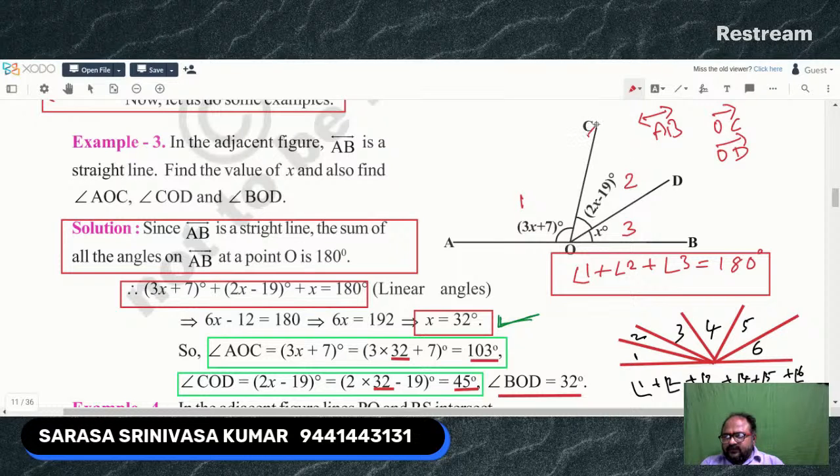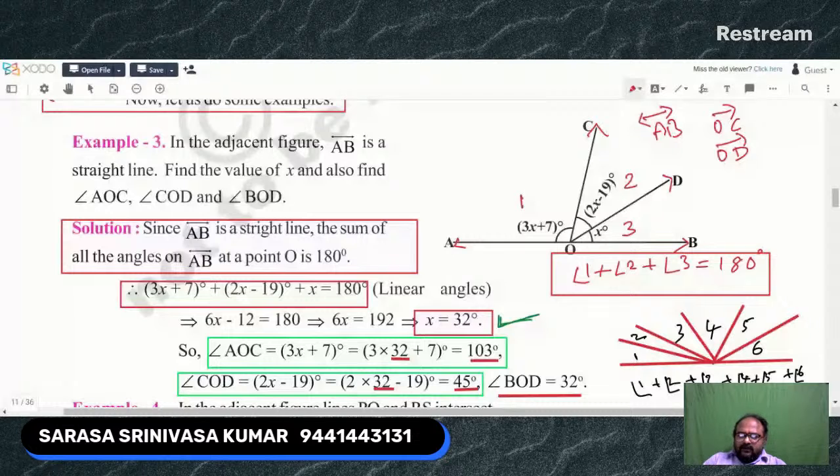These two rays are forming three angles at O. The rays OC and OD are forming three angles, angle 1, angle 2, angle 3 in this diagram. It is very clear that at the point O, the sum of all these three angles are forming a straight angle. Hence, angle 1 plus angle 2 plus angle 3 equal to 180 degrees.